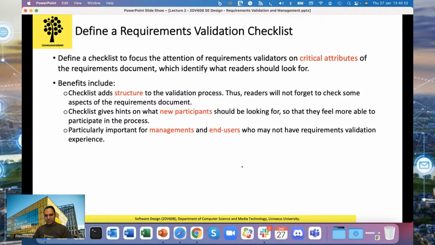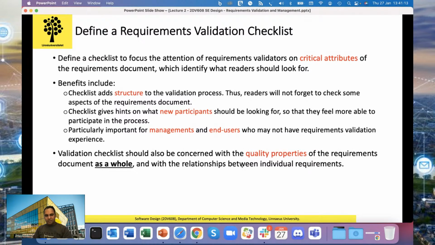They can use this checklist also to assess the requirements. And finally, of course, the management and the end users who might not have any technical or requirements validation expertise can also use this checklist to quickly identify problems from the requirements. So this validation checklist can be used by any people, in other words.